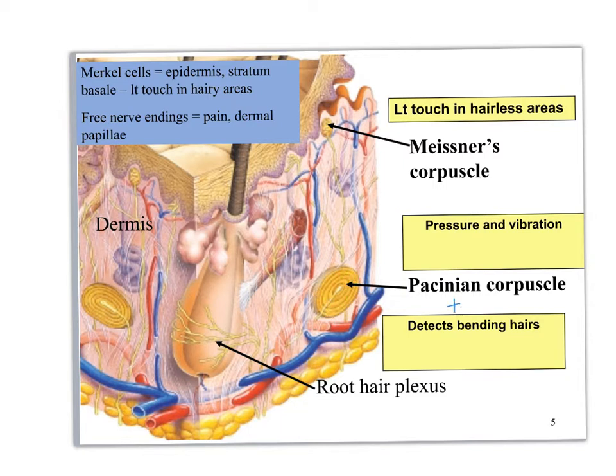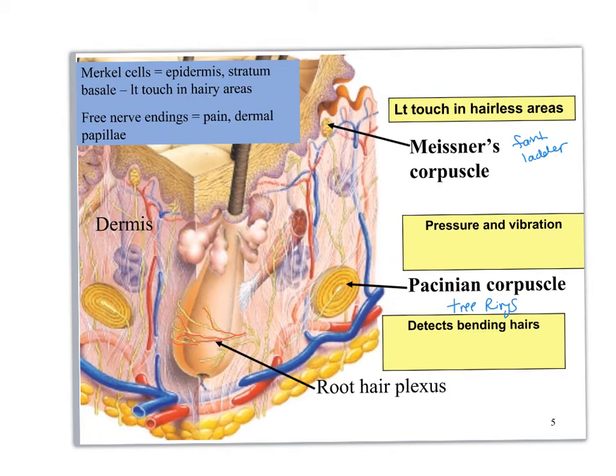For me, Pacinian corpuscles look like tree rings, okay? The Meissner's corpuscle is very difficult to see. You need a just right photomicrograph, and it looks like a faint ladder to me when I look at it, okay? Now finally, and this one's important, I want to use red to point out the strands of the root hair plexus.